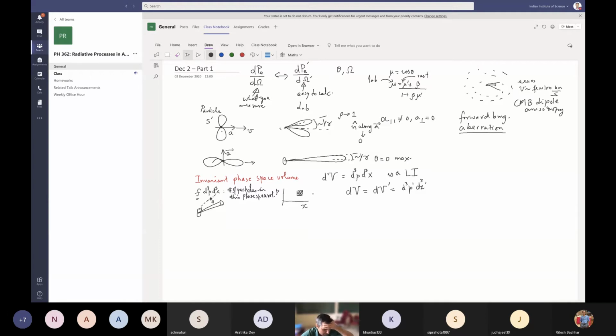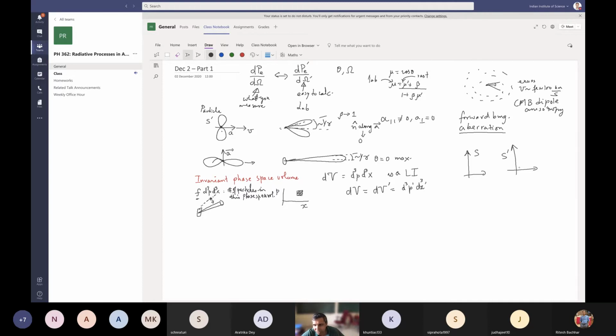Let's see how we can motivate this. Again, remember the two frames: we have frame S and frame S prime. We can consider S prime as a particle rest frame.